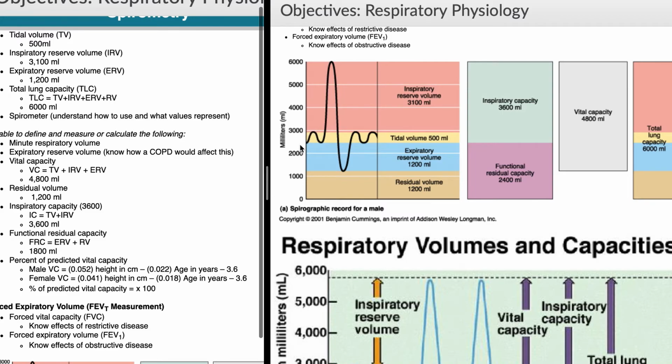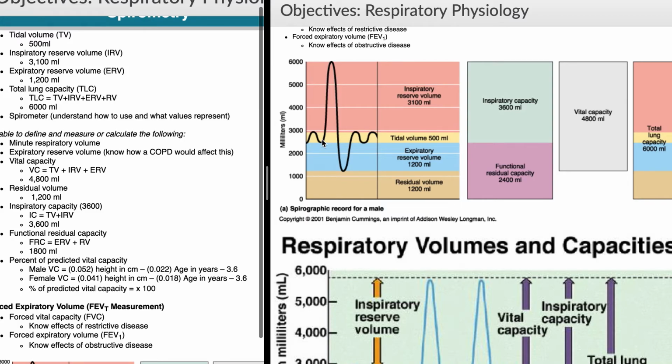And notice on the chart here, 2,000, 3,000, the difference is 1,000. And notice that this is half of that 1,000, so that's 500 in and 500 out. So that's that normal breathing. And so tidal volume is just our regular resting breathing rate. It's not very much. We're barely using the volume of our lungs when we're at rest.